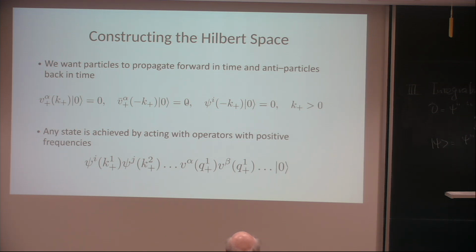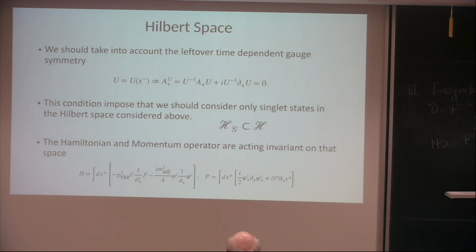So we construct all of these possible words with all of these possible k1 plus and k2 plus, and it will give us all states. Also, using the Lorentz symmetry, I can set the sum of these k pluses to be equal to 1 and study only this particular sector. But even more, we can now use the leftover gauge transformations.